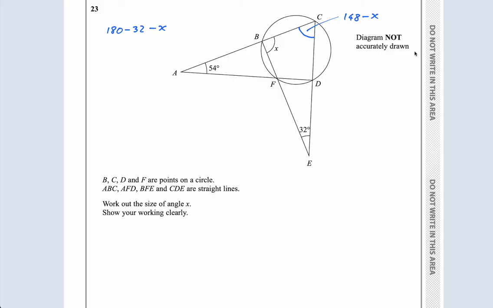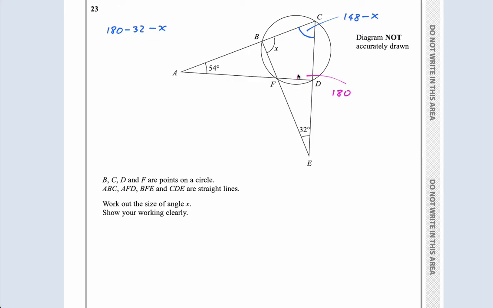This angle is then, let's do this angle. Now guys, this is actually really hard. I'm looking at this triangle, ACD.